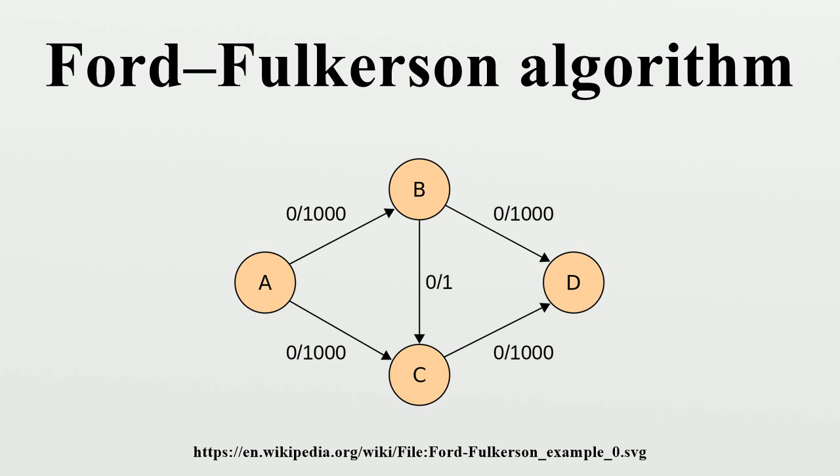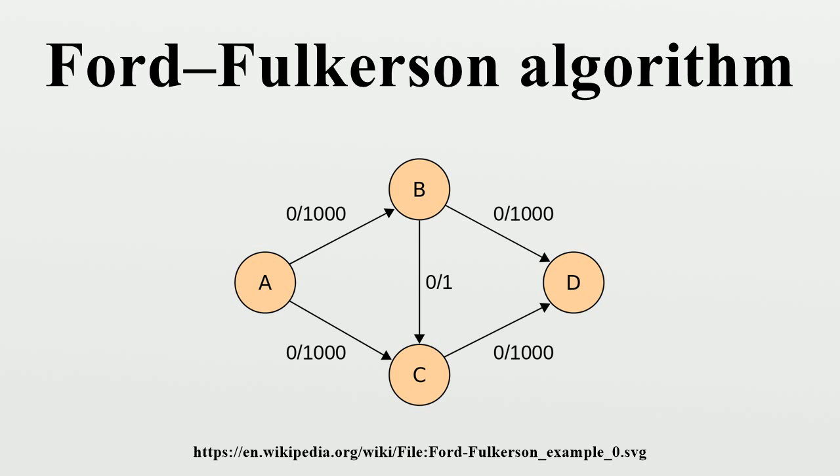Class FlowNetwork: def __init__: self.adj = {}, self.flow = {}. def add_vertex(vertex): self.adj[vertex] = []. def get_edges(v): return self.adj[v]. def add_edge(u, v, w=0): if u == v, raise ValueError. edge = Edge(u, v, w), redge = Edge(v, u, 0), edge.redge = redge, redge.redge = edge, self.adj[u].append(edge), self.adj[v].append(redge), self.flow[edge] = 0, self.flow[redge] = 0.